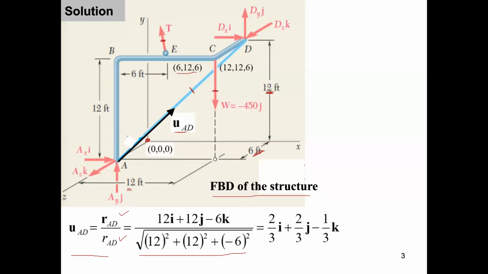The result will be 2/3 in I plus 2/3 in J minus 1/3 in K. Remember, this is a unit vector that defines the direction of the axis AD.